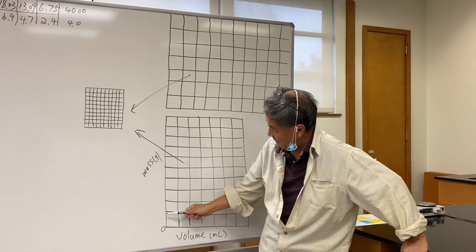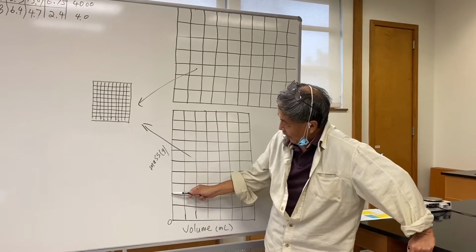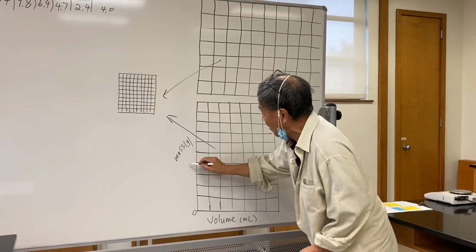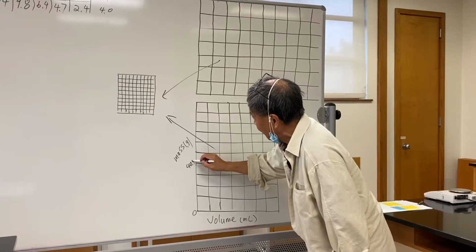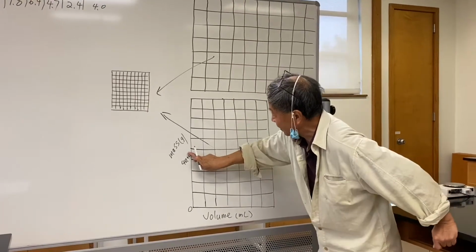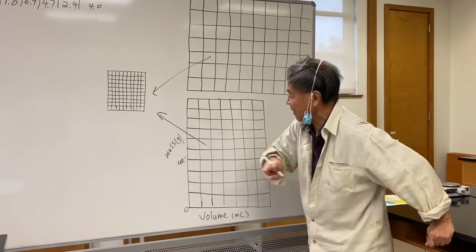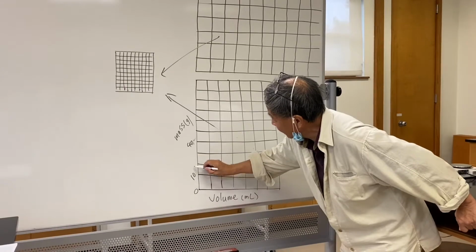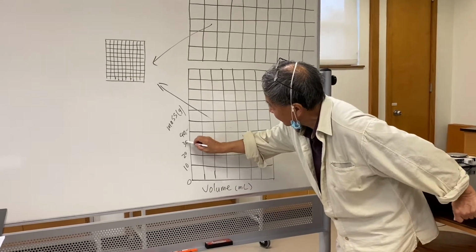So if we have 10 here, 20 here, 30 here, 40 here, no problem at all. Oh, hold a second. Wait, don't get it just yet. 40, and then this is 10, this is 20, this is 30.